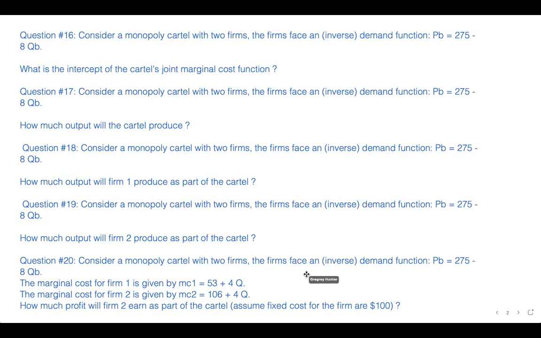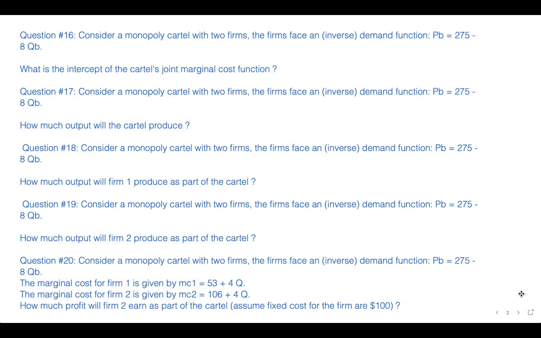And then the last question is question 20. How much profit will firm 2 earn? Does anybody want to take a stab at that one? This one turns out to be really easy in this case. It's negative 100.